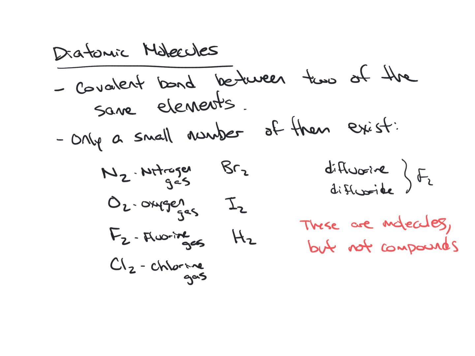Okay, so let me draw one. I'll draw nitrogen gas. I'll use this as an example. So N2 means I have to draw two nitrogens. Nitrogen, I know, has 5 valence electrons. So I'm going to strategically draw them in a way that I can easily circle up electrons that should be paired.